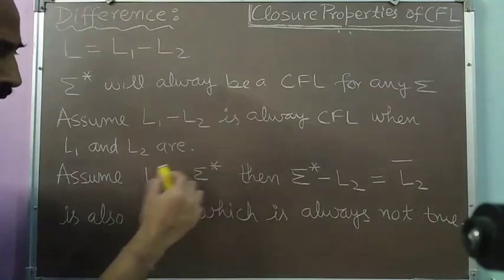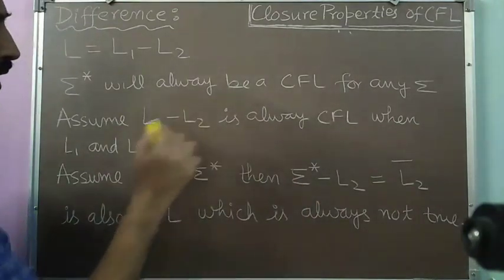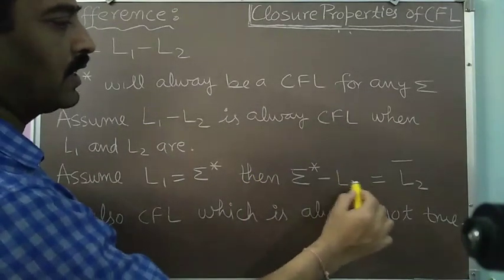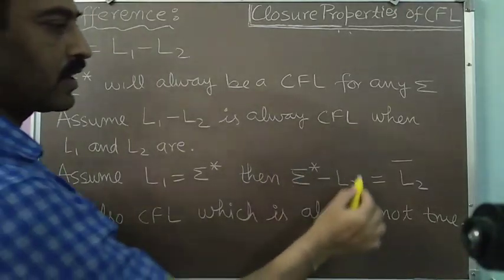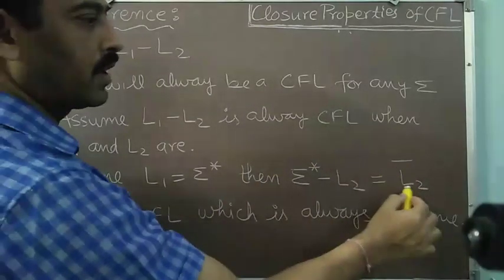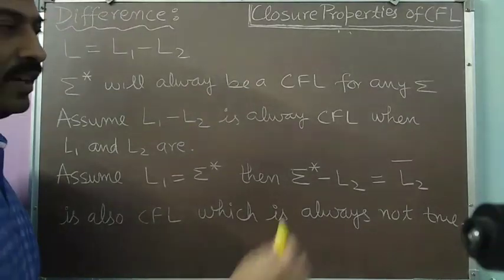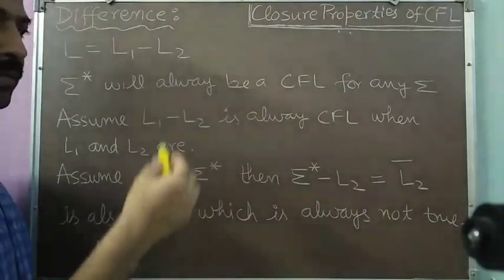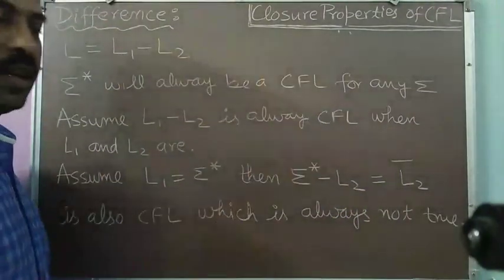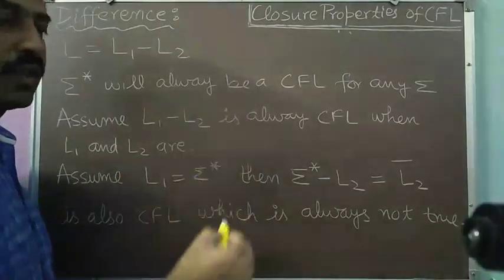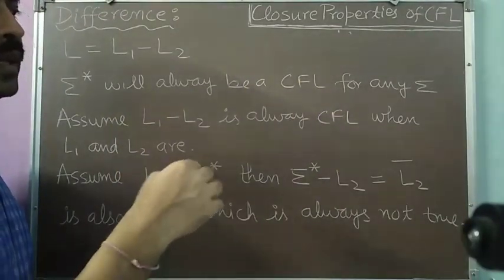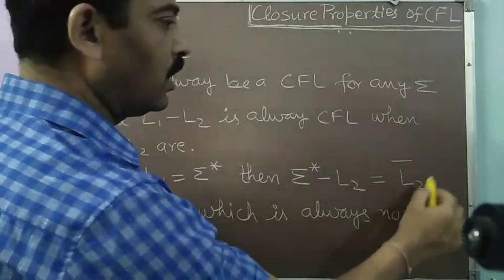So if L1 is sigma star, then L1 minus L2 becomes sigma star minus L2. And what is this sigma star minus L2? Nothing but L2 complement. Sigma star means all the words; if we remove all the words of a language, the remaining words will be part of its complement. So it is L2 complement.